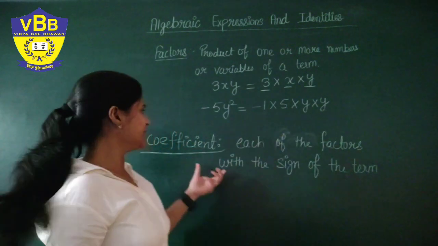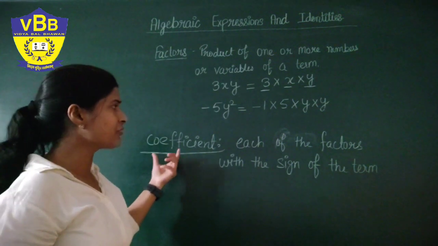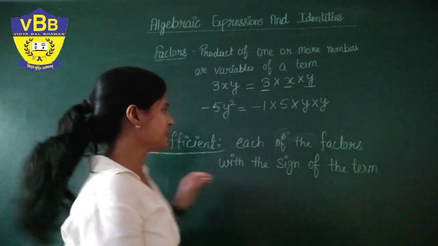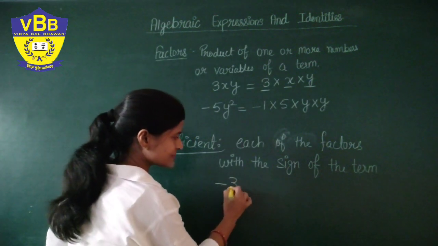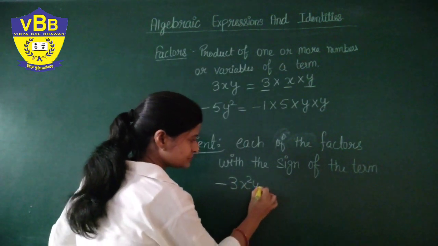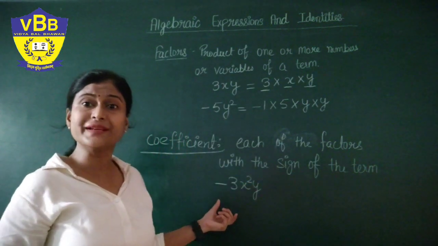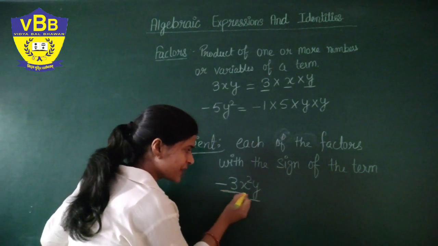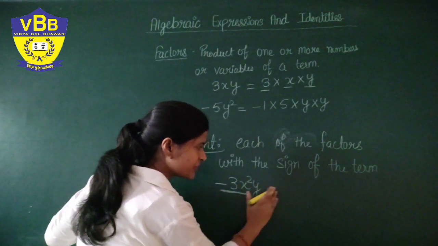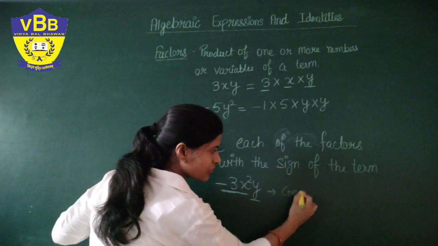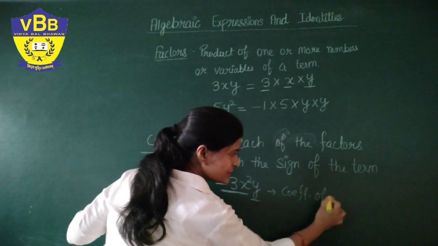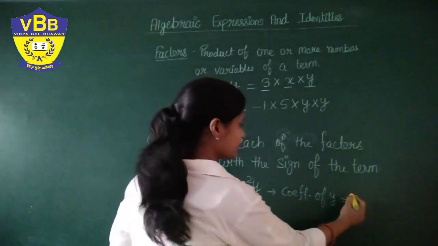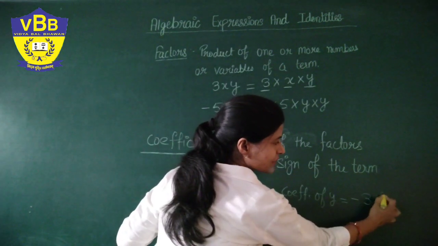Okay beta, now the next topic is coefficient. What is a coefficient? Each of the factors of a term, with the sign, is the coefficient of the remaining part. For example, I am writing minus 3x square y. If I am asking, what is the coefficient of y? Leave the y. What is left behind? The coefficient of y will be with the sign, so it will be minus 3x square.